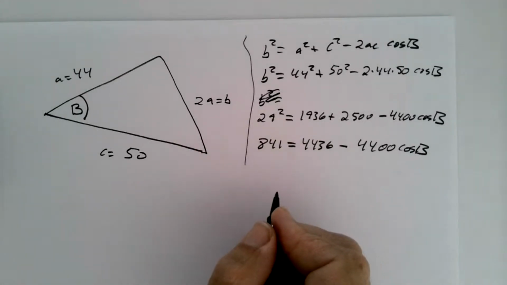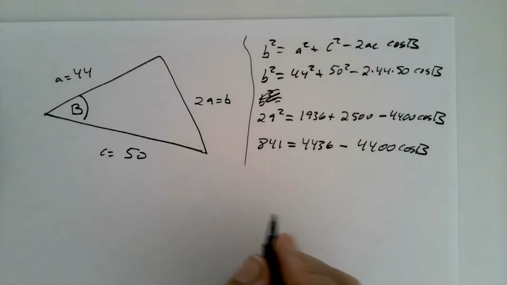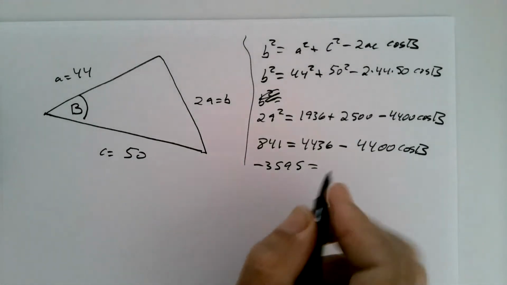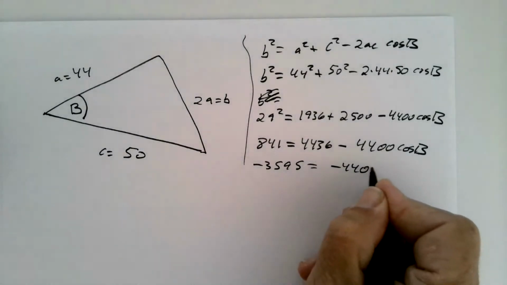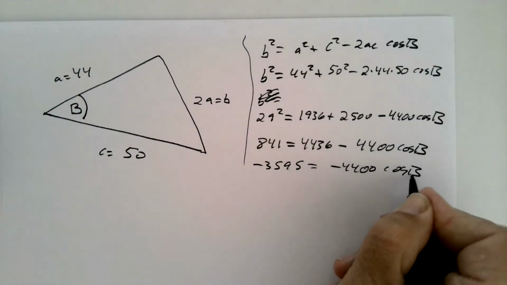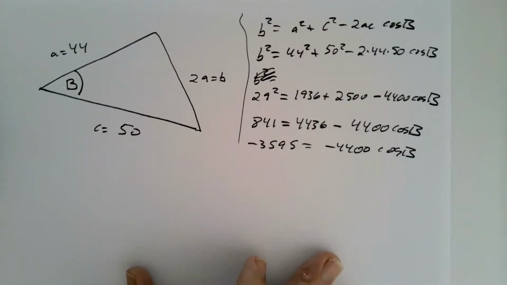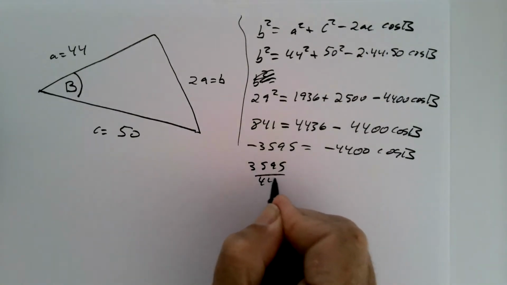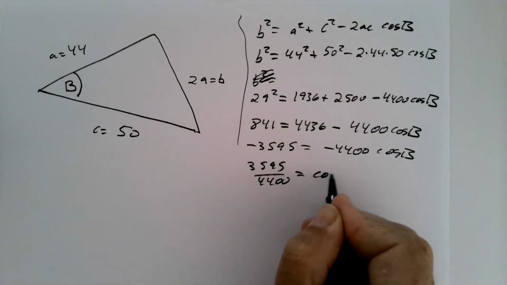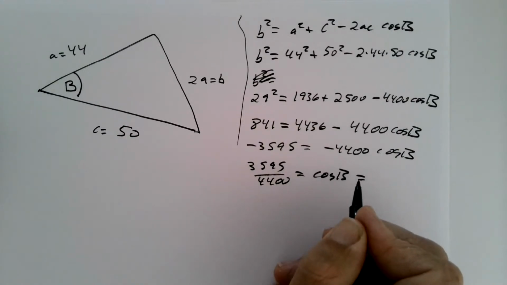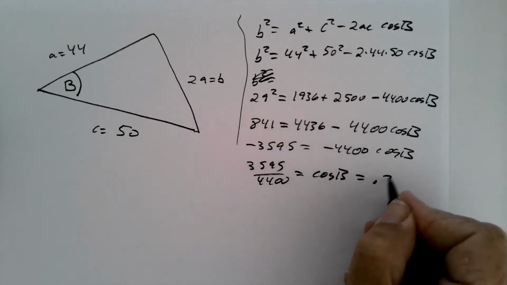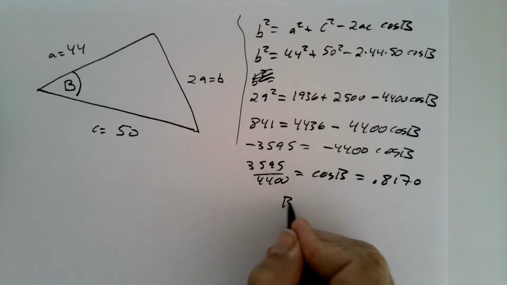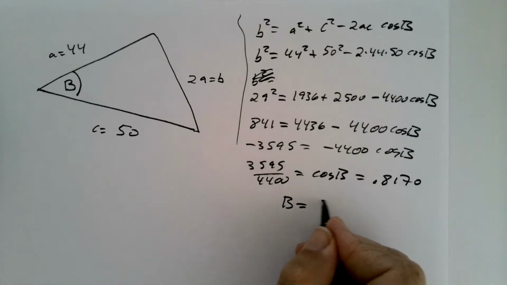Subtracting the 4436 from both sides, I get negative 3595 is negative 4400 cos b. Dividing by that, I get 3595 divided by 4400. This is cos b, and that decimal is about 0.817. So b is the inverse cosine of that, and we get b is about 35.2 degrees.